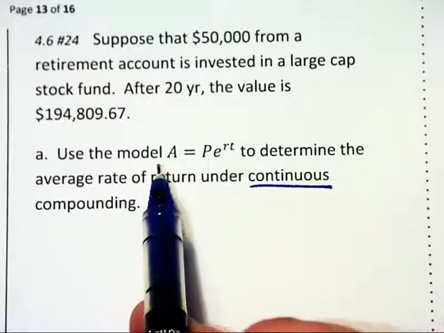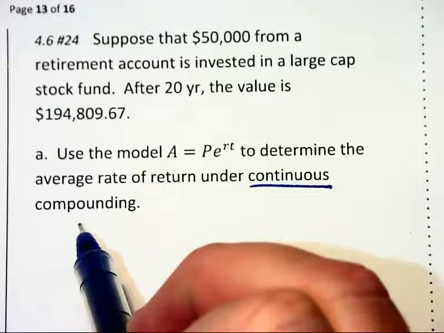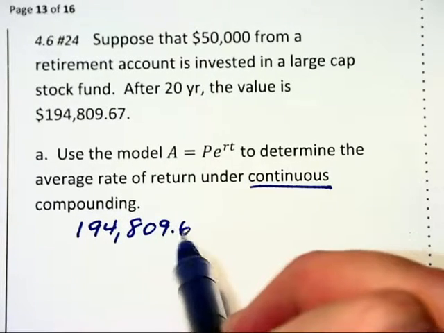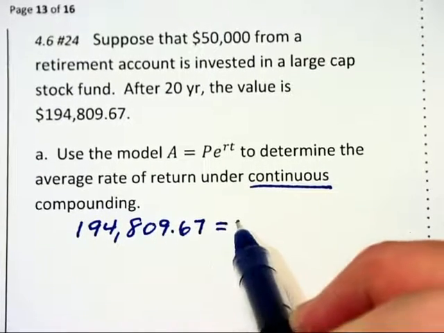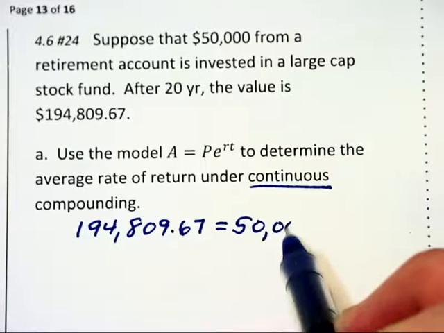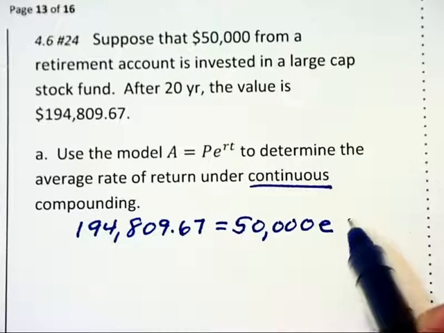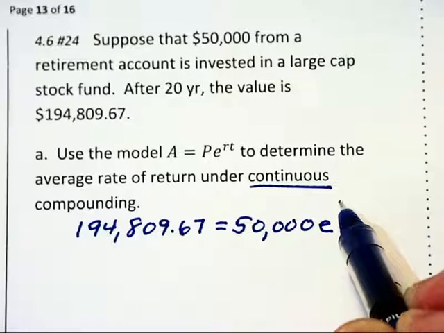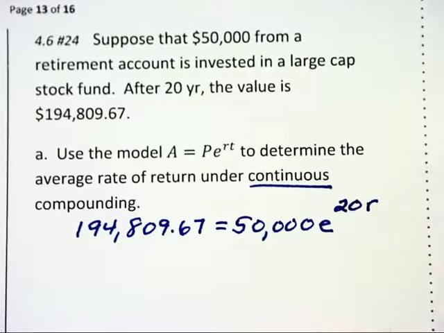So substituting in, our value of A is 194,809.67, and that will equal 50,000 for the investment times e to the r, which is unknown, times t, which is 20 years. So I'm going to write that as 20r.